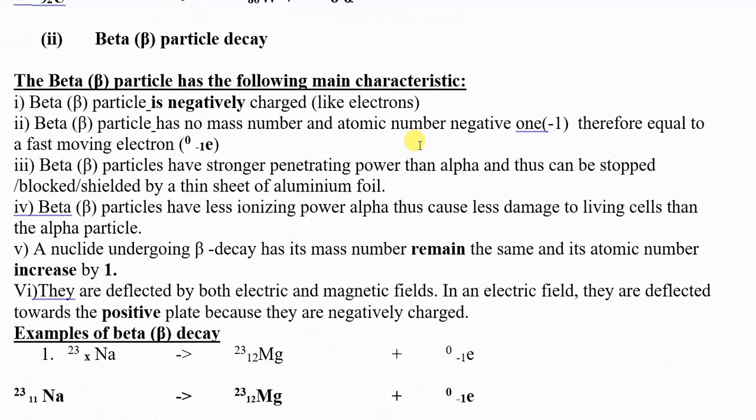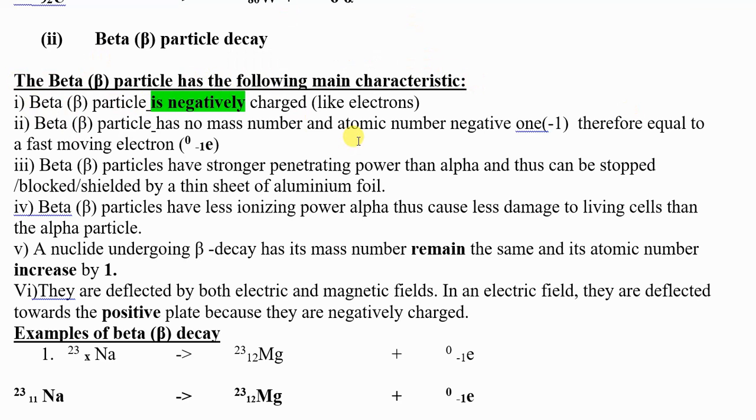Let me go to the next one. The beta particle. The beta particle has the following main characteristics, which are very critical. Property number 1 is that beta particles are negatively charged. Very important.